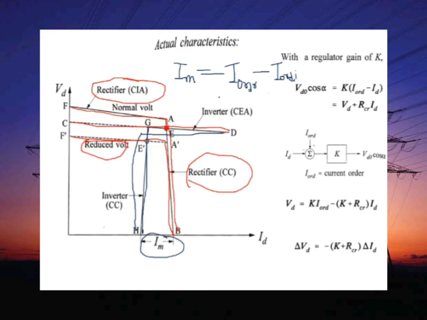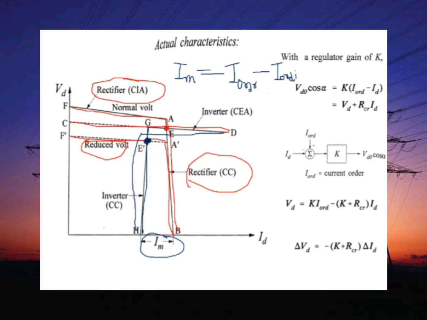So under normal operating condition, the rectifier controls the direct current and the inverter is controlling the direct voltage. With a reduced rectifier voltage, the operating condition is represented by the intersection point E dash here.